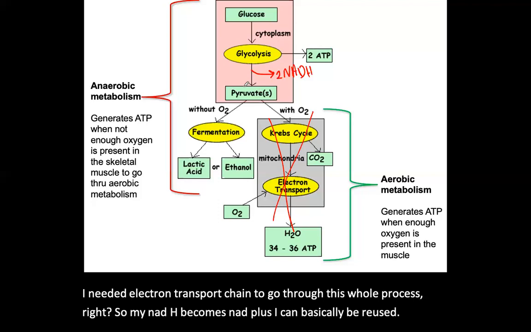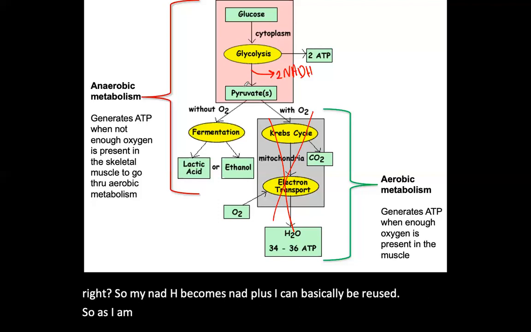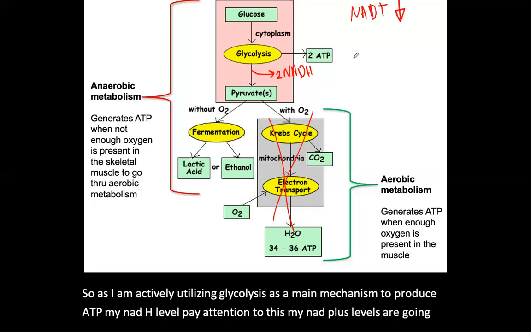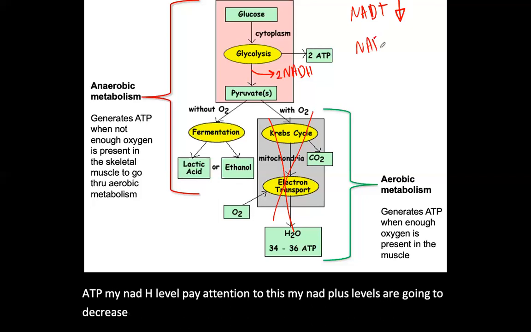So as I am actively utilizing glycolysis as the main mechanism to produce ATP, my NAD plus levels are going to decrease, and my NADH levels are going to increase.